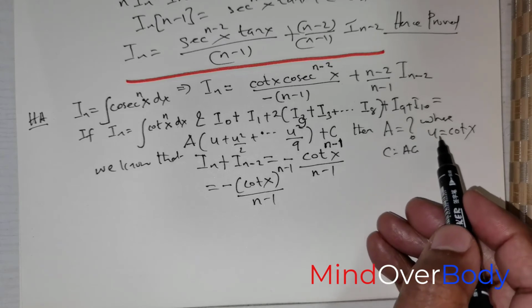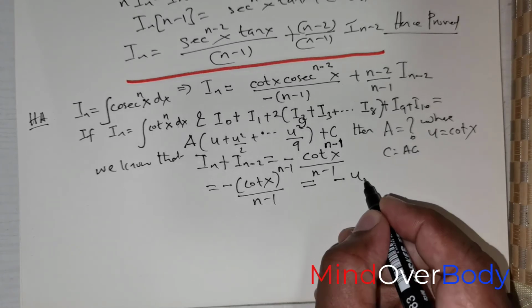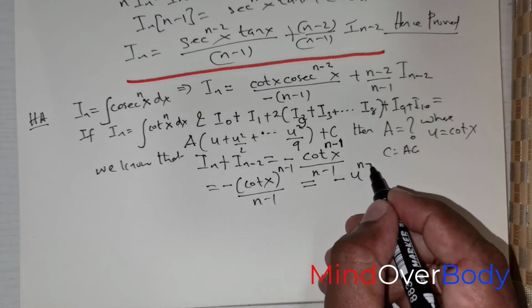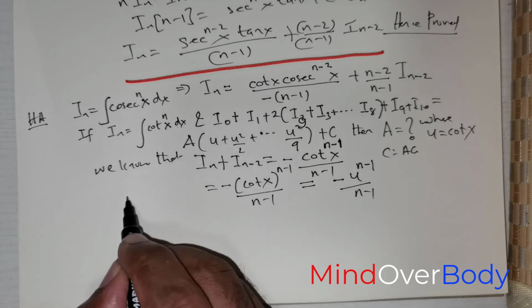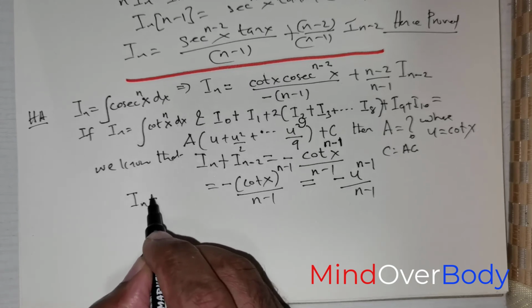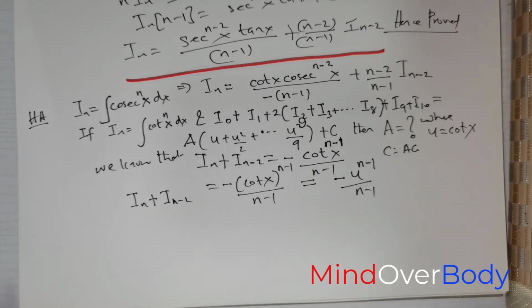But we are given that u is equal to cot x, so I can rewrite this as negative u^(n-1) divided by (n-1), and of course on the left hand side I have I_n + I_(n-2). So this is what we are going to use.